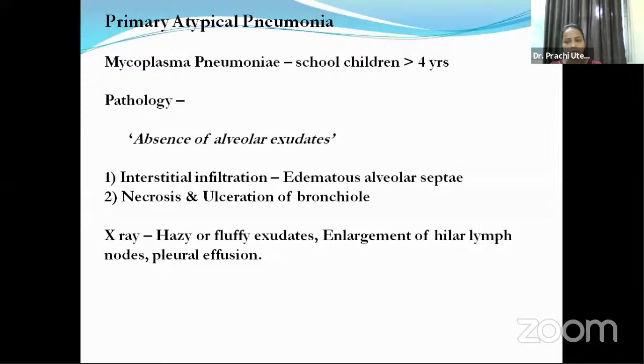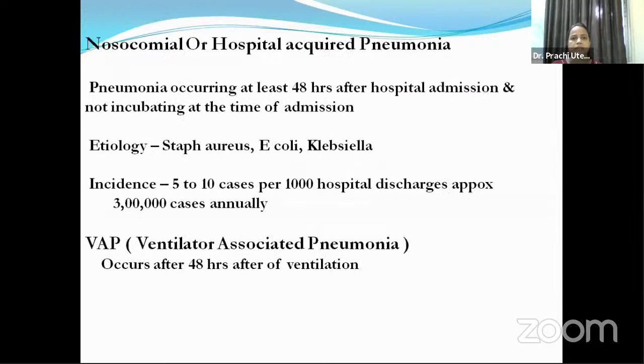There is another variety of atypical pneumonia, mainly caused by Chlamydia trachomatis, which is responsible for conjunctivitis in babies. In that particular pneumonia, the child has cough, cold, all symptoms, but fever is absent. That is very characteristic, and that is why it is called atypical pneumonia.